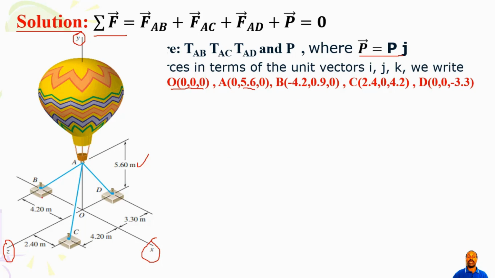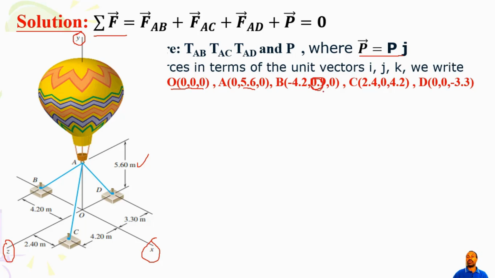For the coordinate of B, you go in the backward direction of X, so you put negative 4.2 for B, which is X, and the rest will be 0, 0.